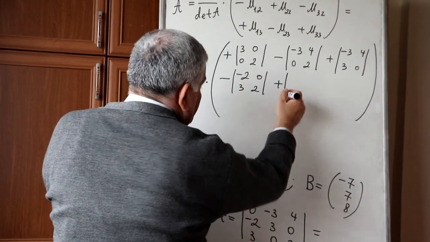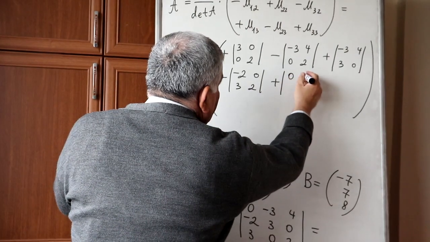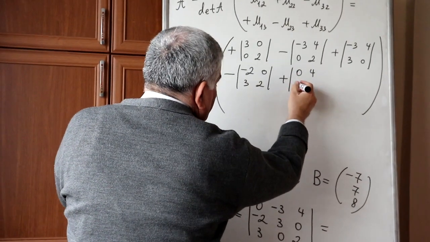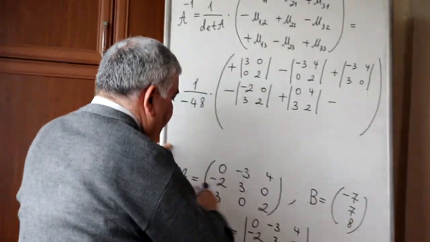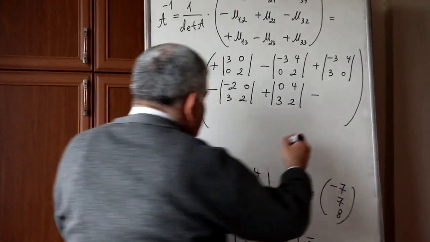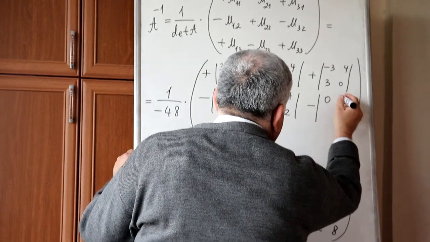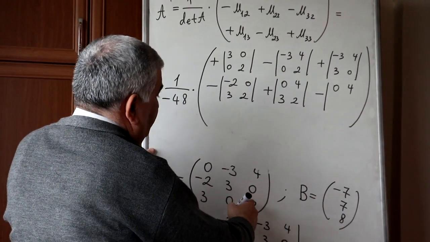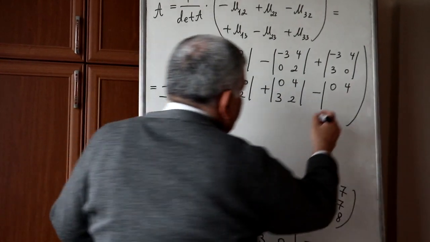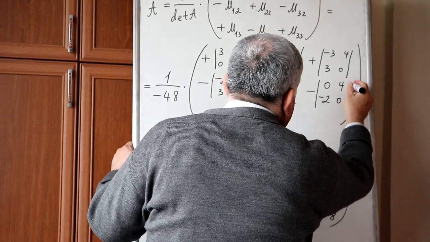Plus M22: 0, 4, 0, 4, 3, 2. Minus M32: 3, 2, 0, 4, 0, 4, 3, 2, 3, 2, minus 2, 0, minus 2, 0.